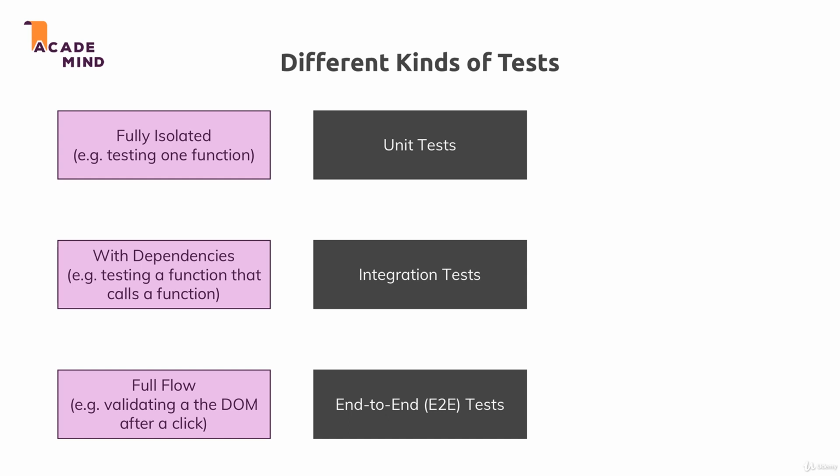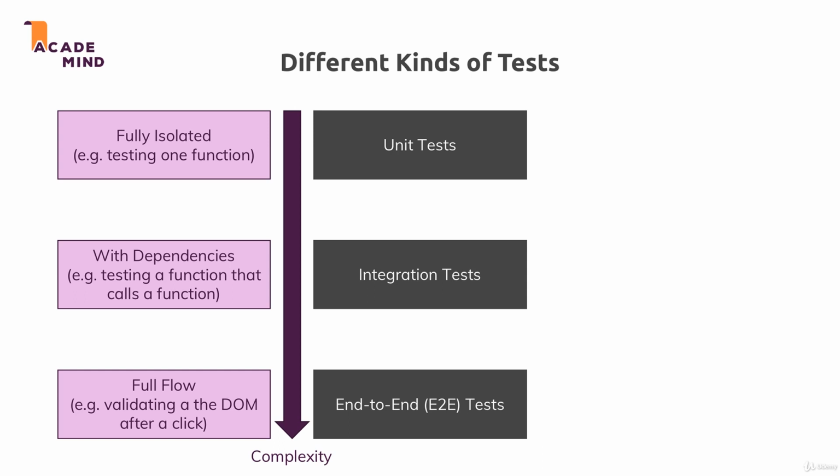Now, these kinds of tests have a different complexity. Unit tests are relatively easy to write because you have a small unit and it's easy to infer what you want to get as a result. The more dependencies you add, the more complex it becomes because it gets harder to differentiate between what exactly is causing an error.